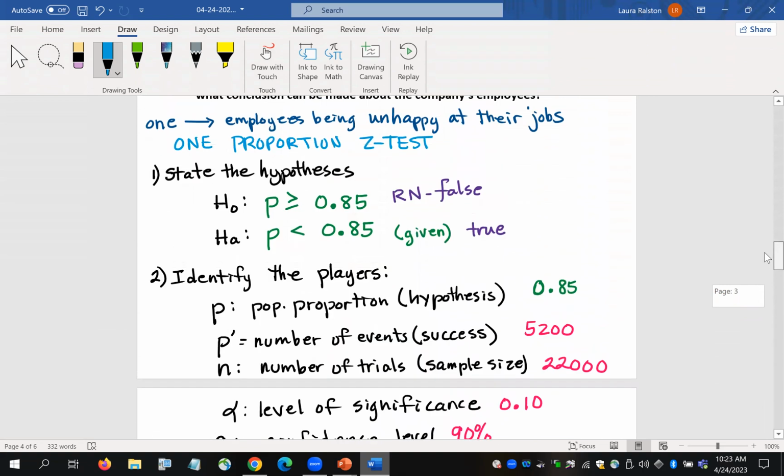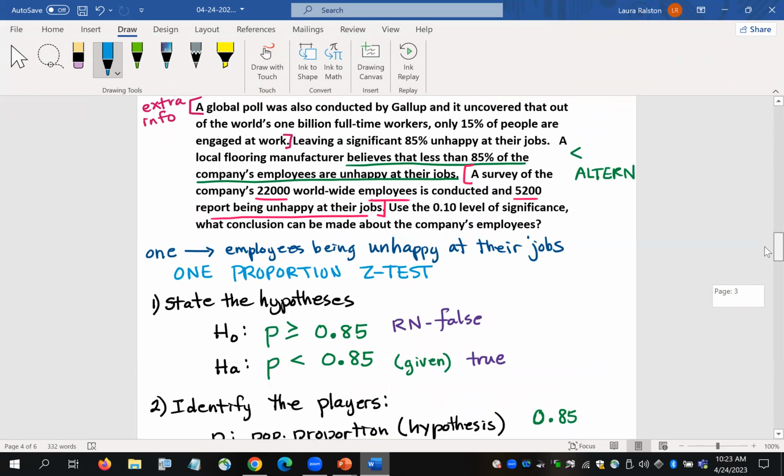The 0.10 level of significance, the local manufacturer believes less than 85%.